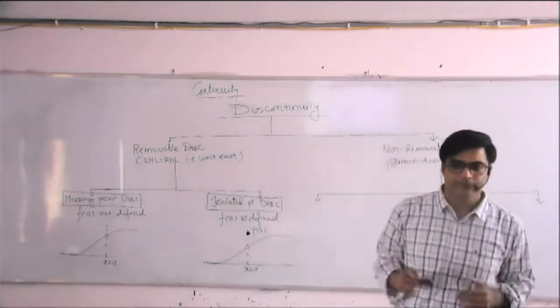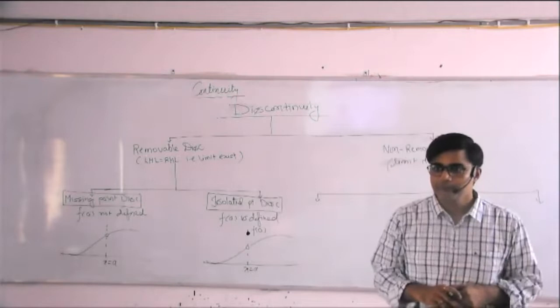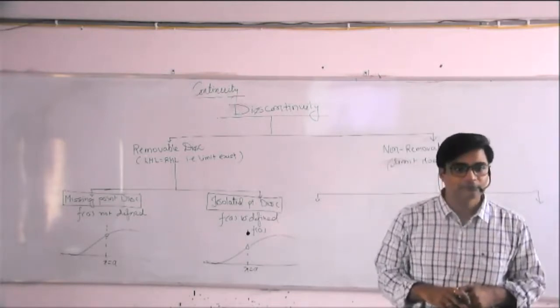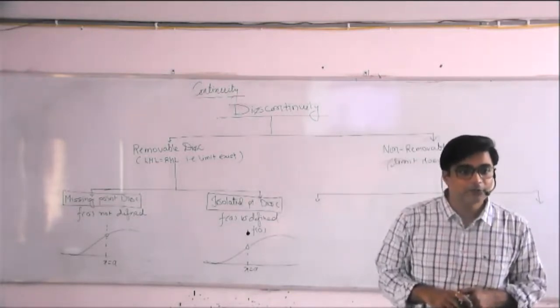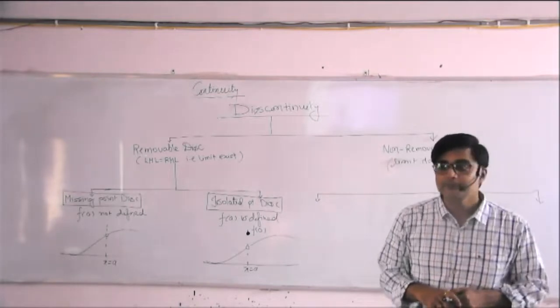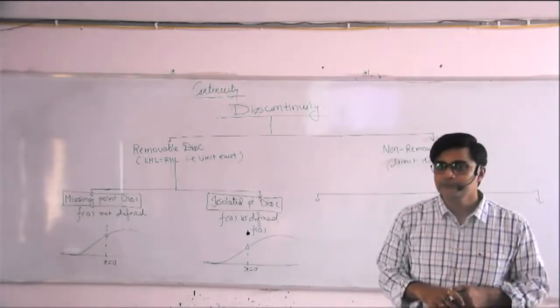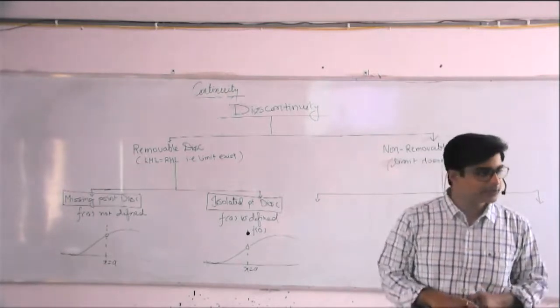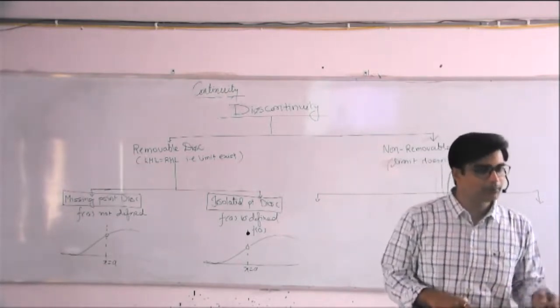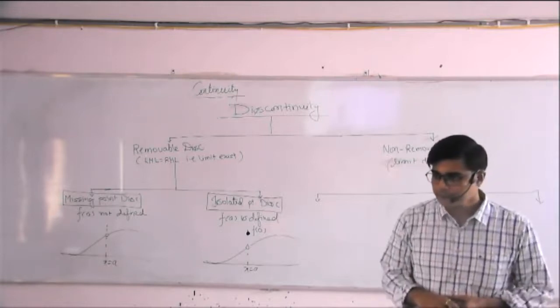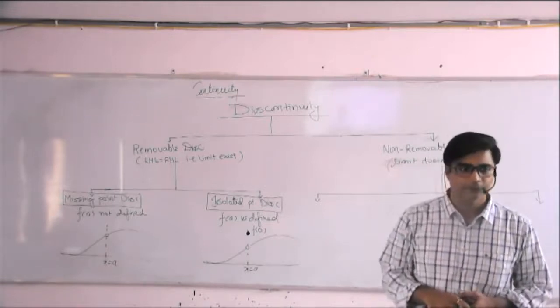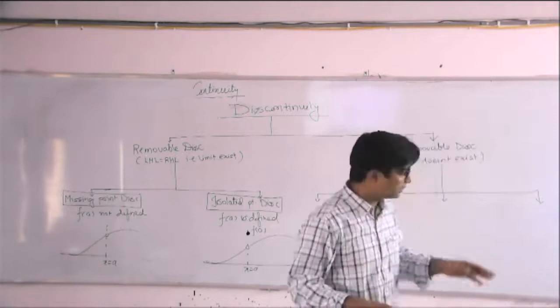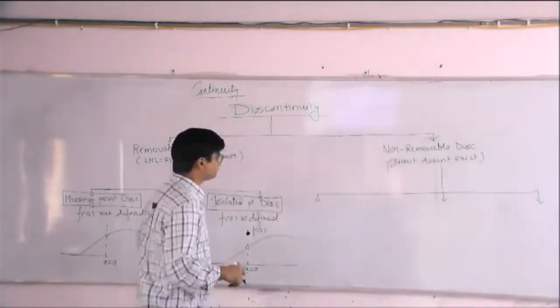LHL not equal to RHL, one case. Other? LHL equals RHL, but not finite. LHL, RHL not defined, yes or no? LHL equals RHL maybe, but not finite. The third case I will tell you.